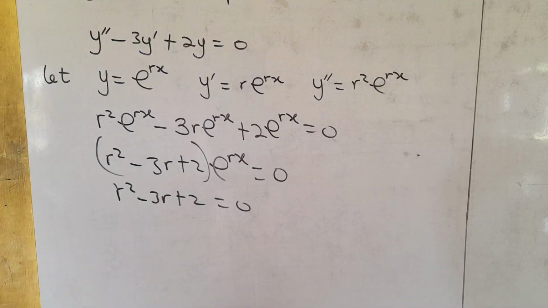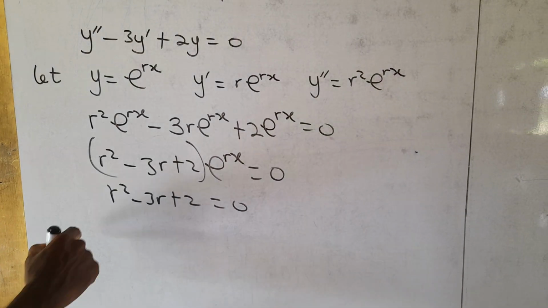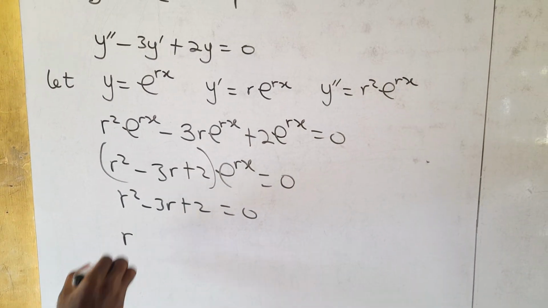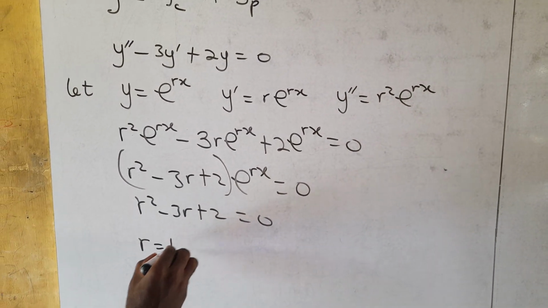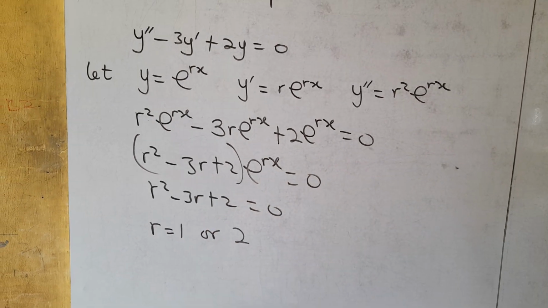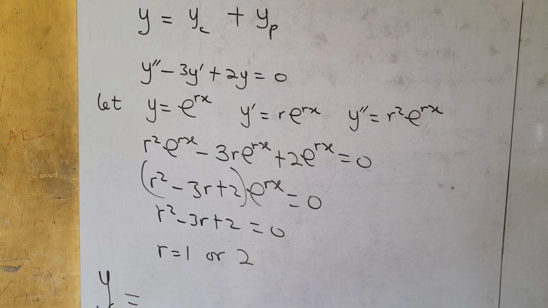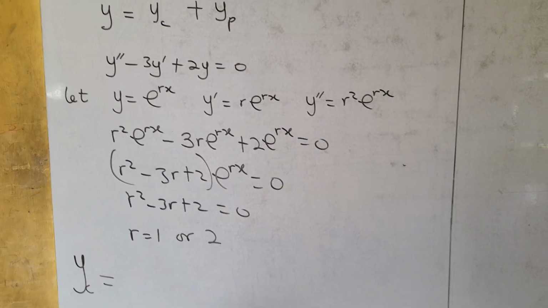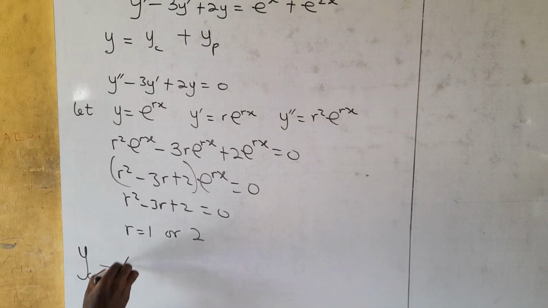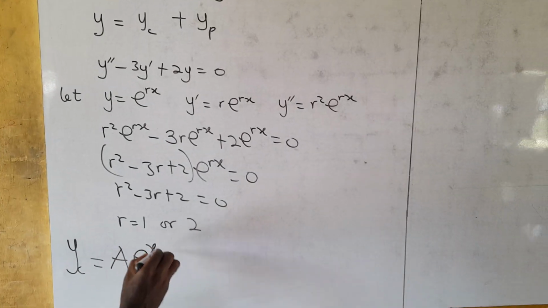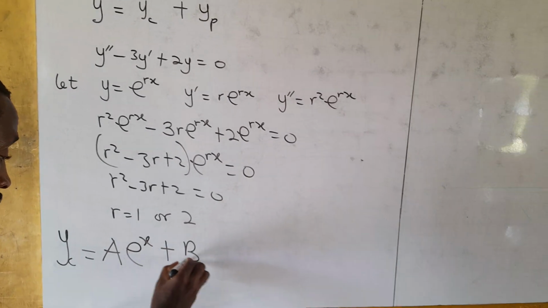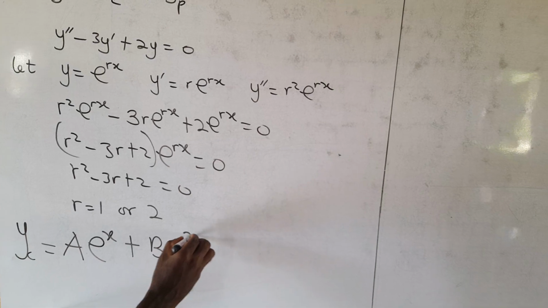This becomes a quadratic equation we solve. When you solve this quadratic equation, you get r equal to 1 or 2. So we can say that our complementary solution to the homogeneous side, remember these are two distinct roots, will be a e^x + b e^(2x).